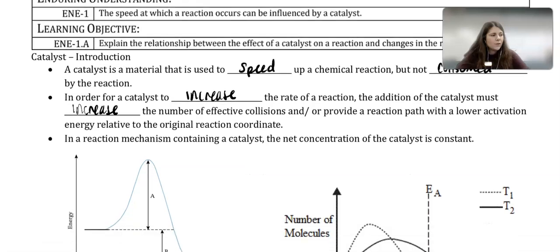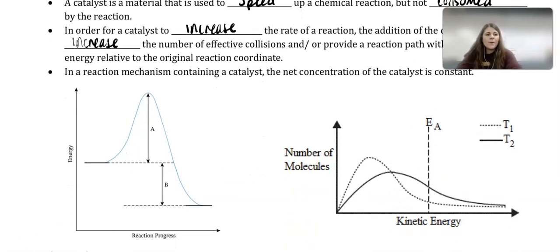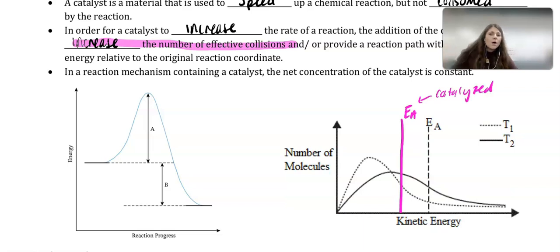Okay, so if we look at this example right here, based off these two graphs. Let's look at the bottom right first. If we were to add a catalyst to increase the number of effective collisions, if you look at this activation energy, if we're going to decrease the activation energy, we're going to show the catalyst more moved over to the left. So here, this would be an example of the catalyzed version of the reaction.